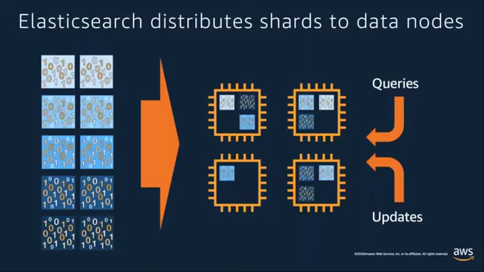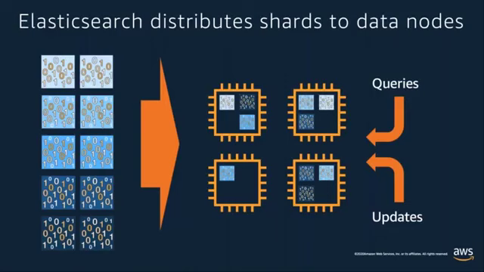When you send requests, you're accessing a particular index for that request, and Elasticsearch will distribute the request to all of the shards in that index. Each shard will then process the request as appropriate and will serve up the response. Whether it's a query, it'll serve a response. If it's an update, it will update its local copy of the index.